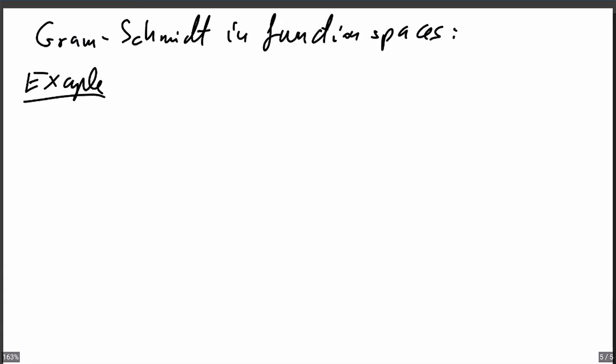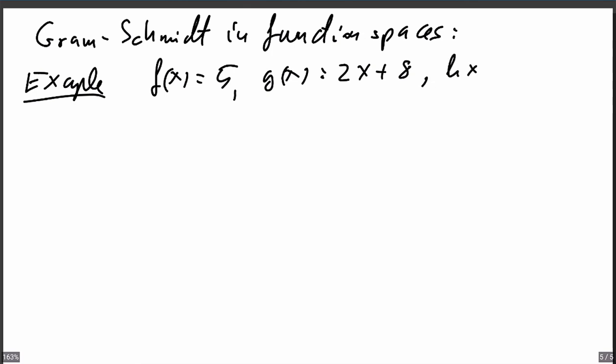For example, we could have a function f of x equals 5, g of x equals 2x plus 8, and h of x equals minus 7x squared. From the degrees of these polynomials, we can see that these are linearly independent.